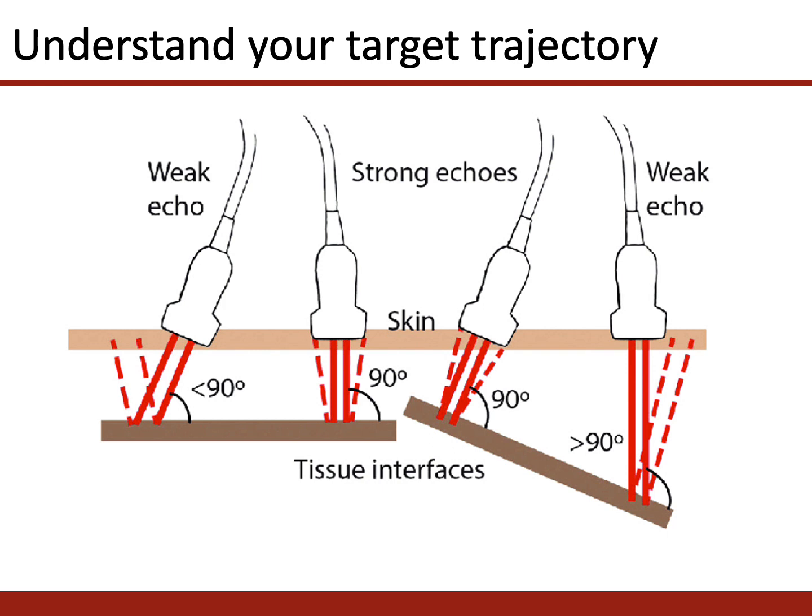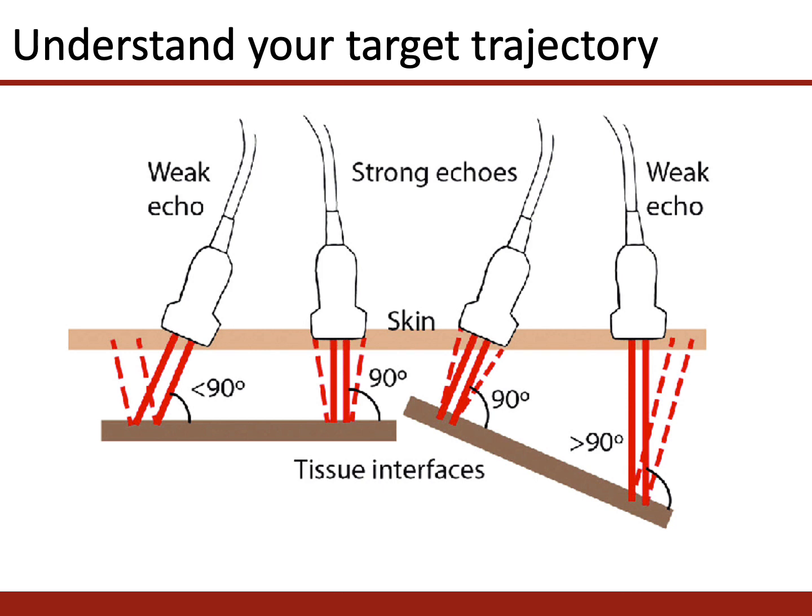So in the first diagram to the left, we can see that the image that we are trying to target is running parallel to the skin. So if we hold our probe parallel to the skin, then we get that 90-degree angle between the probe and the target, and we get the maximum reception of those ultrasound beams back to the probe.